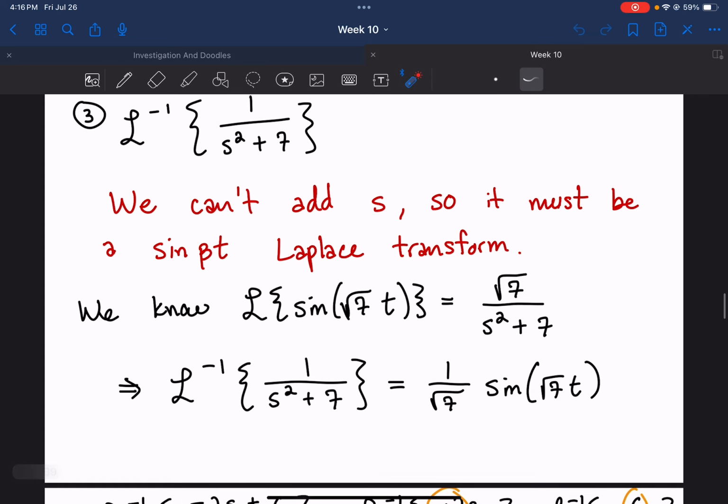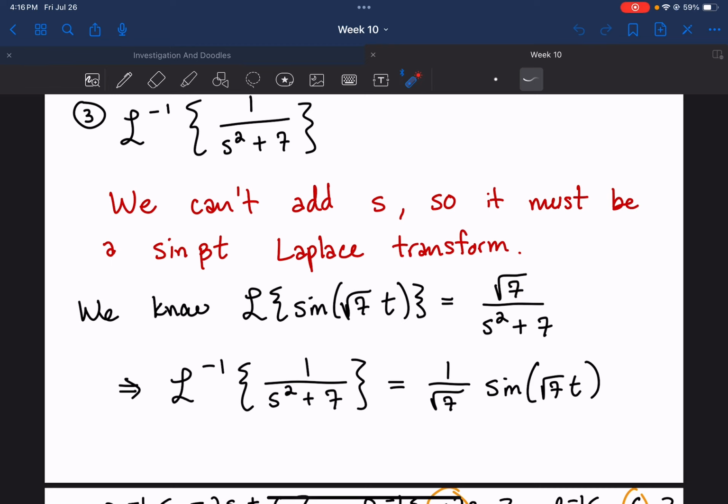We know that the Laplace transform of sine root 7t is root 7 over s squared plus, this is supposed to be square root of 7 all squared. Which means if I just compensate up here for this root 7, I can get to this inverse Laplace transform.